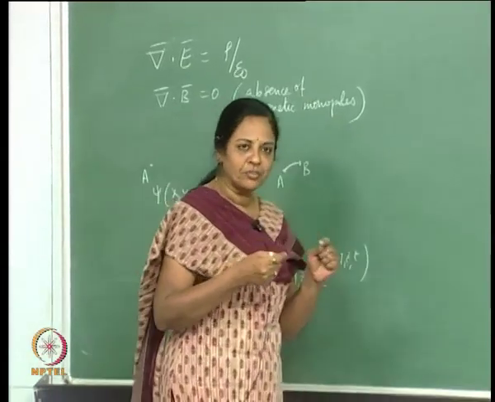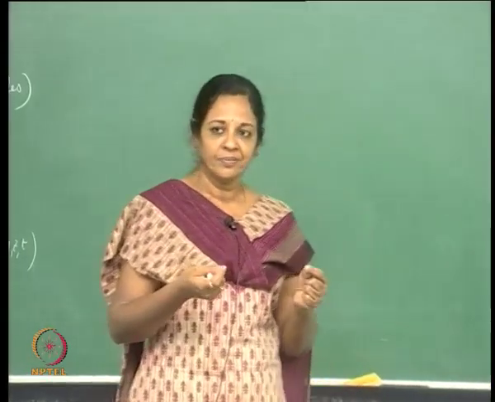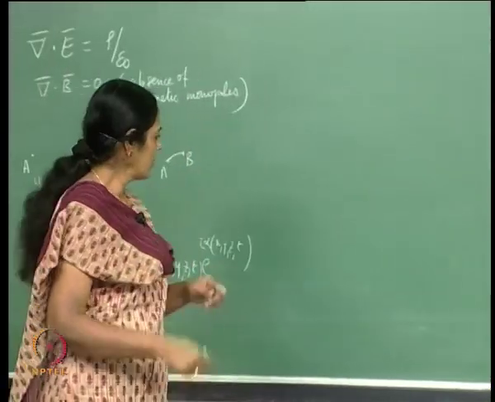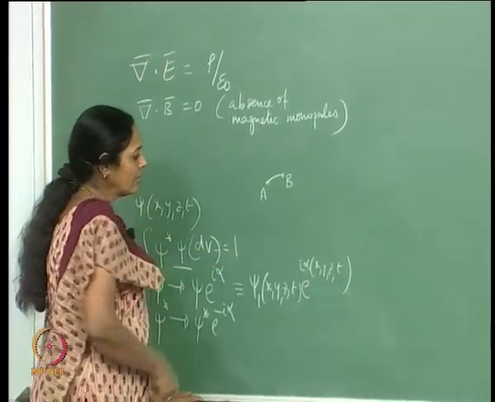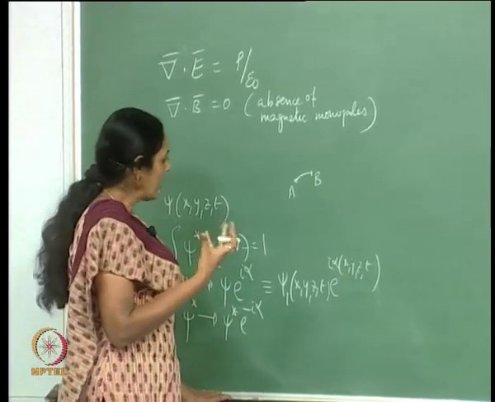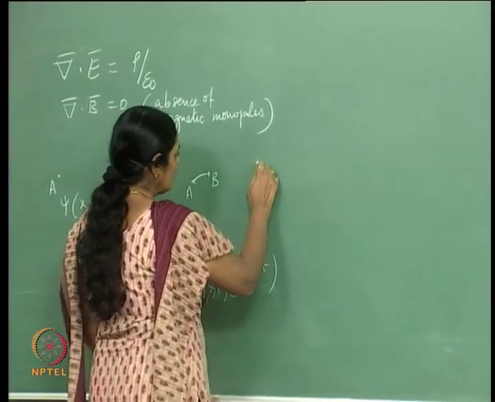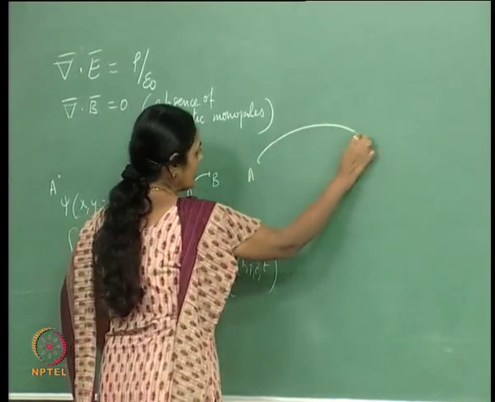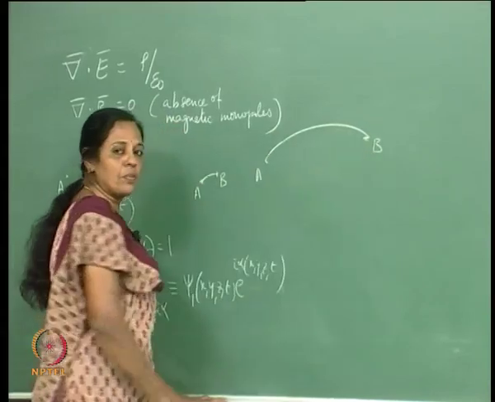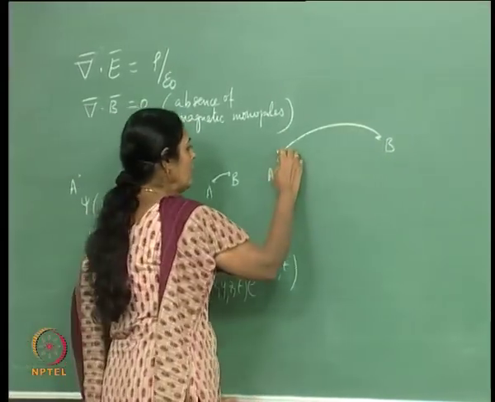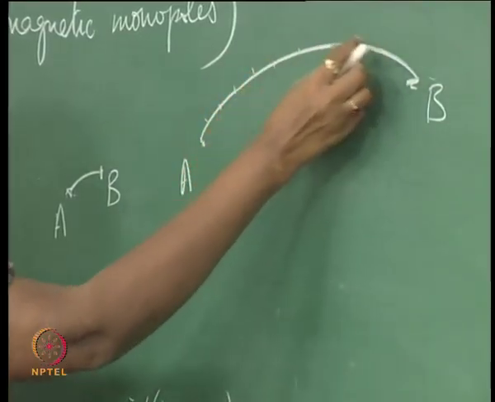So, while absolute phase is arbitrary, phase differences between two neighboring points, phase difference in the wave function, is not arbitrary, and in general it can be non-zero. Now, suppose you took the wave function from A to a somewhat distant point B. Clearly, you can think of it as being made up of small paths which take you there.